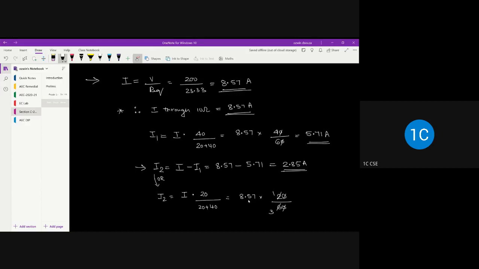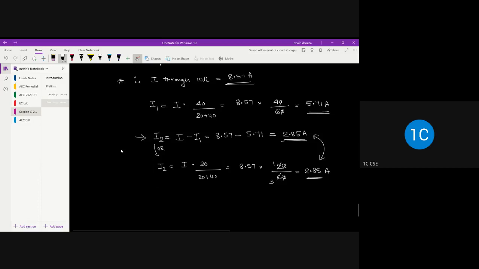That is 2.85 amperes. So these two answers agree with each other because the process remains the same. Either you can use the subtraction of currents, or you can again use the branch current. So you have found all the currents.